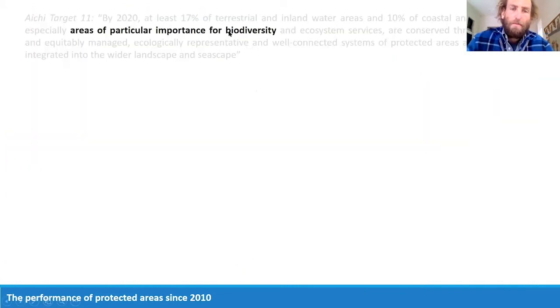Okay, so let's move on to the next part of the target, areas of particular importance for biodiversity. Again, this is not a discussion about target semantics, but that's not really quantifiable. But we can still make guesses as to what areas of particular importance for biodiversity are.